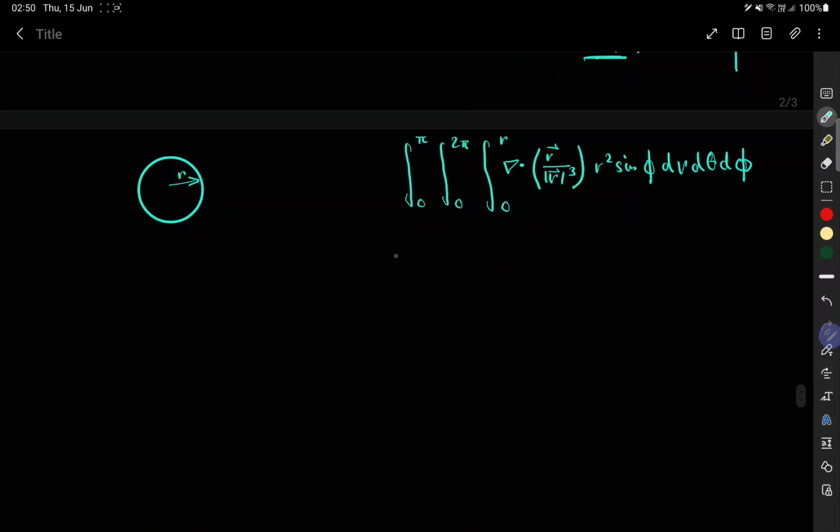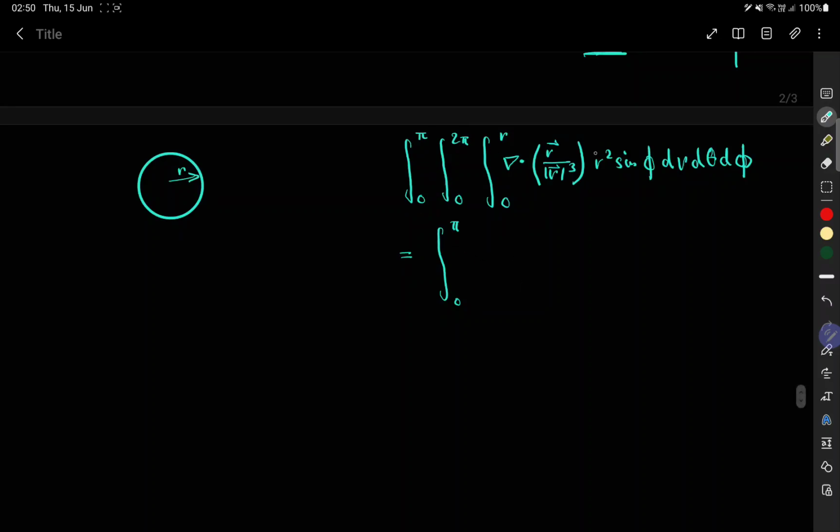Alright, so now I'm going to use the divergence theorem immediately, because I just want the surface area of this thing. At the surface the radius is always equal to r, so we don't have to really care about it.